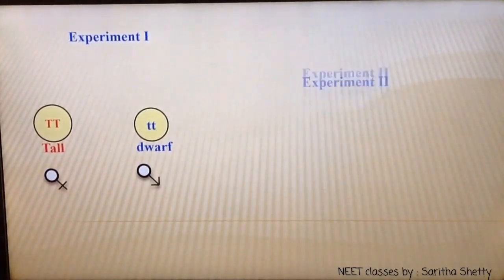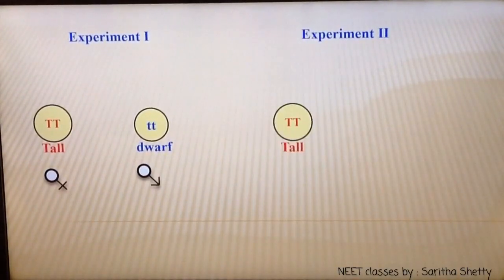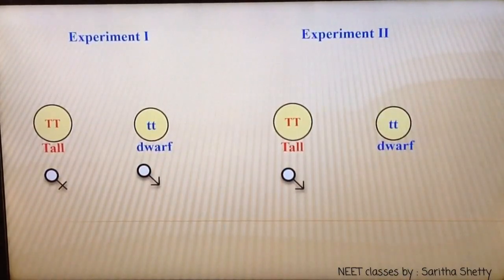Then in experiment 2, the homozygous tall containing both dominant alleles is considered as male and the homozygous recessive dwarf containing two recessive alleles, small t, is considered as female. Such a set of two experiments is called a reciprocal cross.